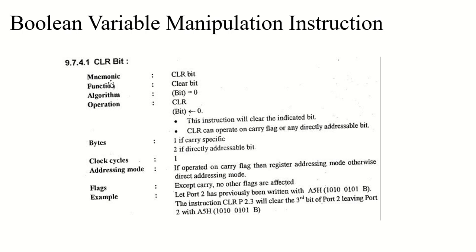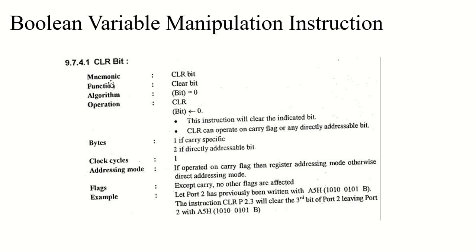Because if you are using the carry flag, you are including special registers, so you have to use register addressing mode. But if you are not using the carry flag, then you can operate in direct addressing mode. Again, when it comes to flags, only the carry flag will be affected.